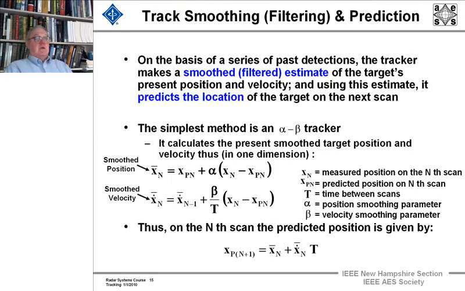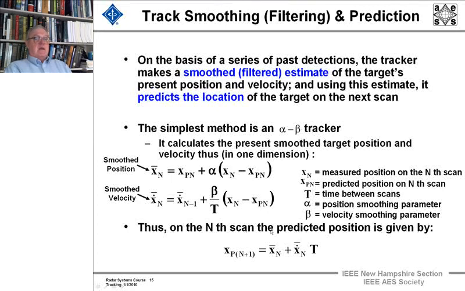It calculates the present smooth position and velocity of the target. In one dimension, this is the smooth position, this is the measured position on the nth scan, and Pn is the predicted position on the nth scan. There's alpha, and then there's the difference between the two, and so we smooth it. And the smooth velocity is this.